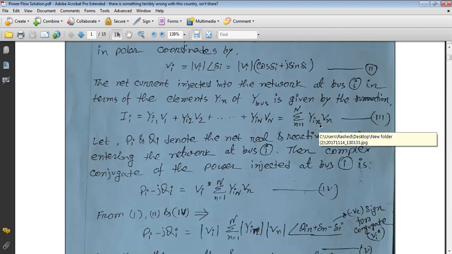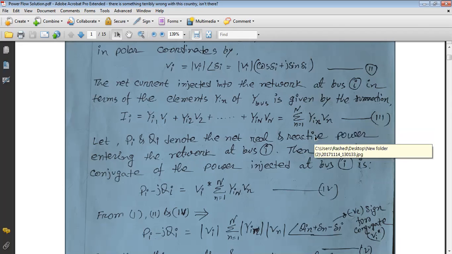So Y21 into V1, the bus voltage of bus number 1. Next, the second term is n equal to 2, so Y22 into V2, plus the third term, n increased from 2 to 3, so Y23 into V3, plus the fourth term Y24 into V4, plus the fifth term Y25 into V5.